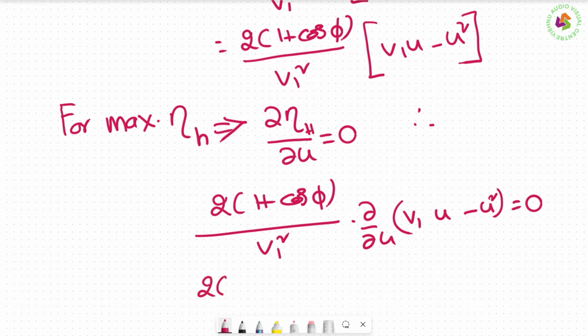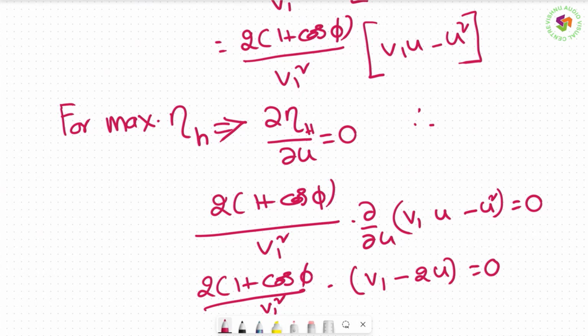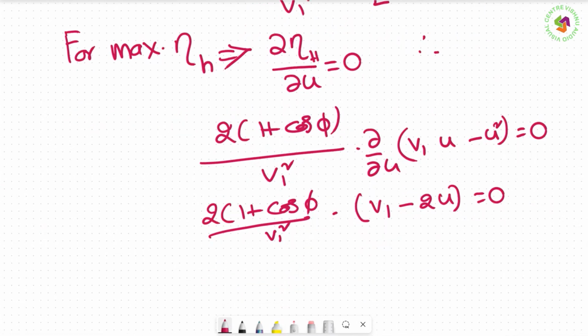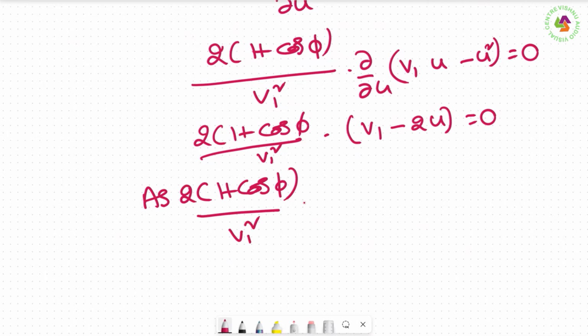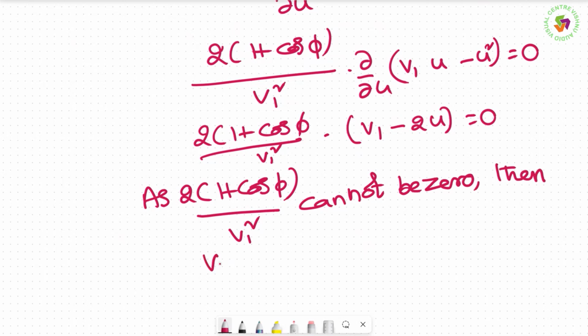That gives V1 minus 2U is equal to 0. Since 2 into (1 plus cos phi) by V1 square cannot be 0, V1 minus 2U is equal to 0, or U is equal to V1 by 2.